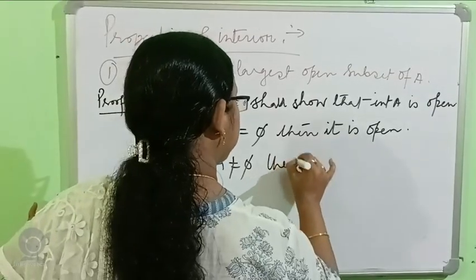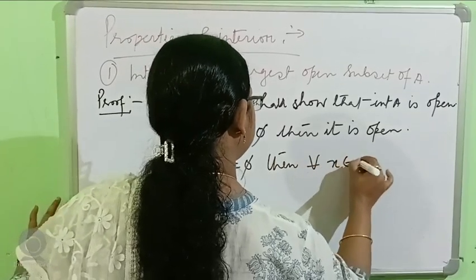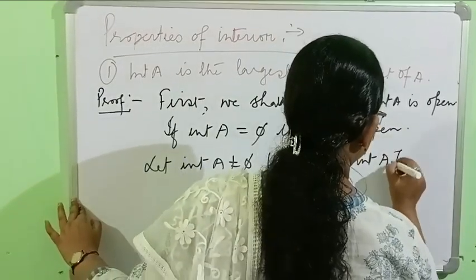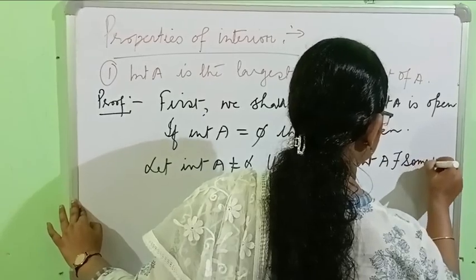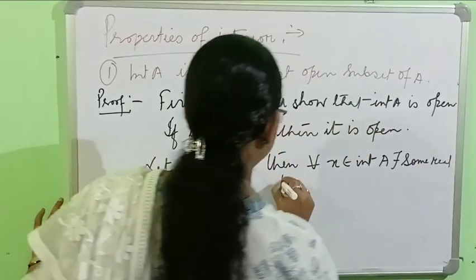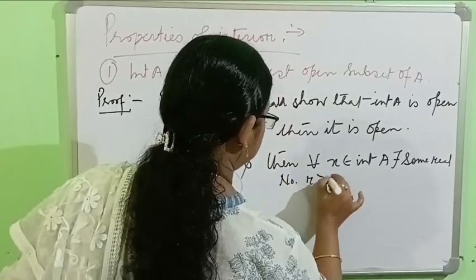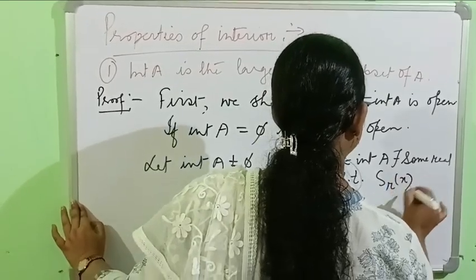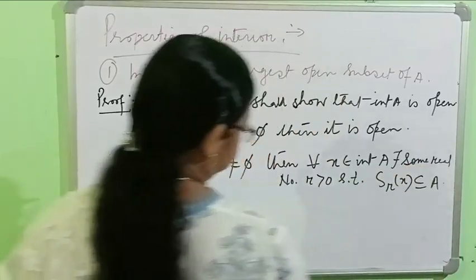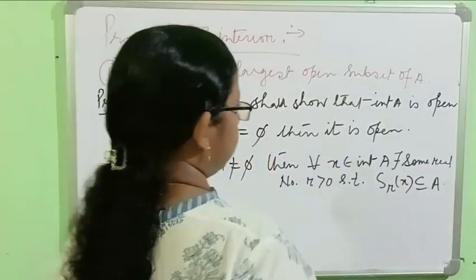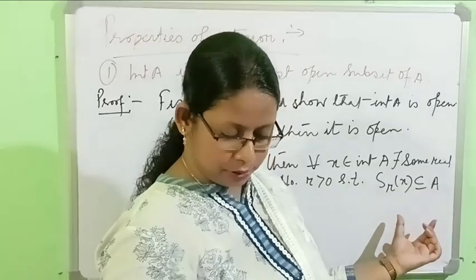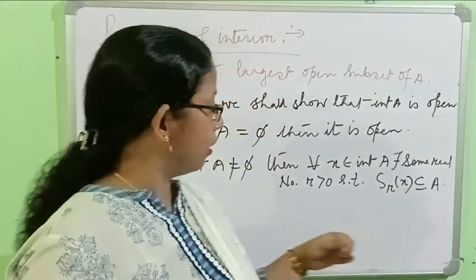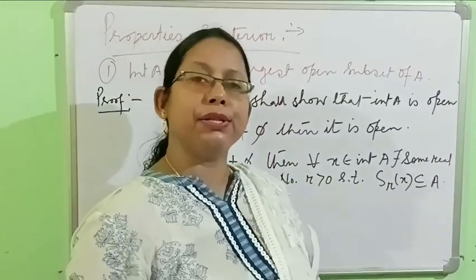Then for all x belongs to interior of A, there exists some real number r greater than 0 such that S_r(x) is a subset of A. This S_r(x) being an open sphere, and we know that every open sphere is an open set.